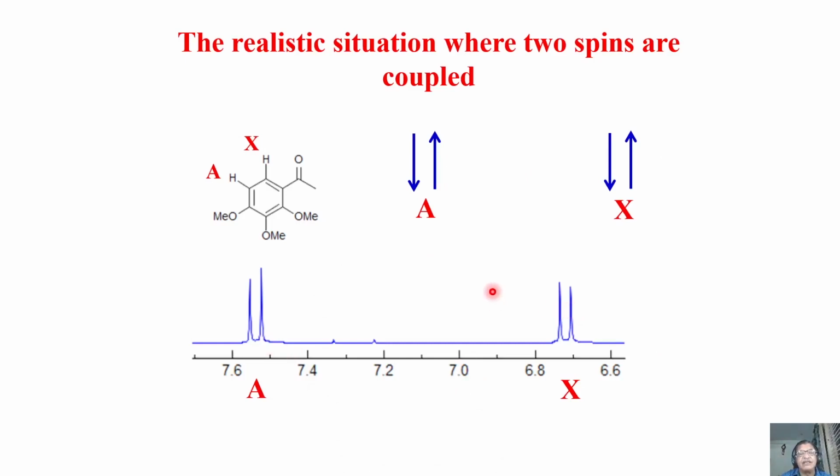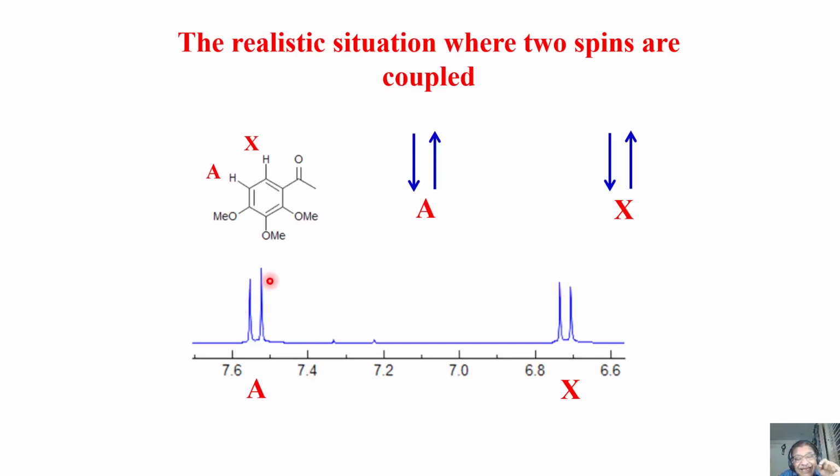But one interesting thing you must understand: in a weakly coupled system like this, AX or AMX, whatever you say, the intensity pattern should always be equal. They must be of equal intensity. Here, look, there is some sort of an intensity anomaly. Intensities are not equal. Strictly speaking, even on the particular spectrometer where it is recorded, although the chemical shifts are far apart, the intensities are not equal.